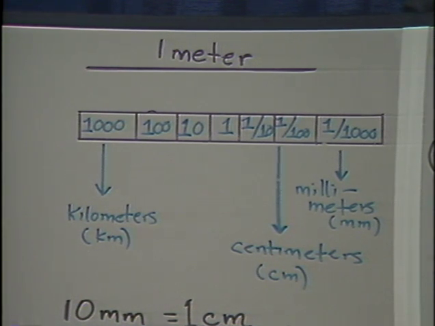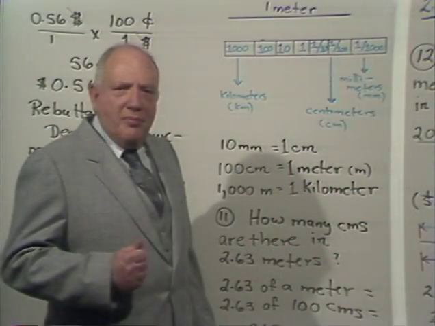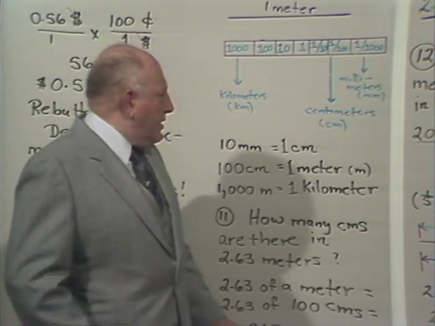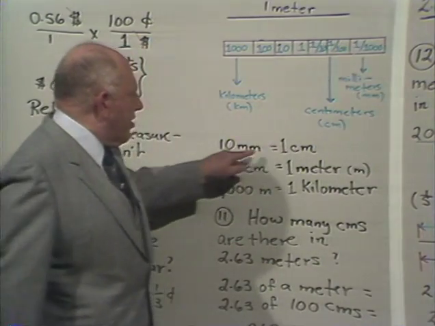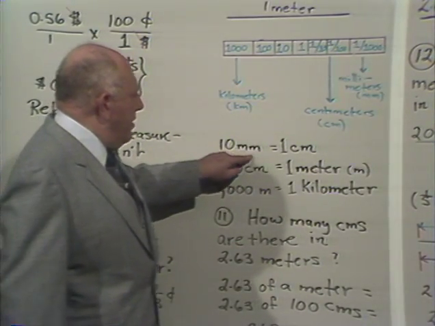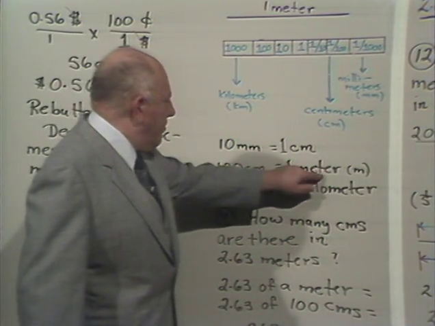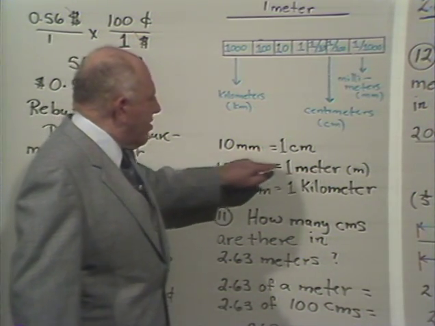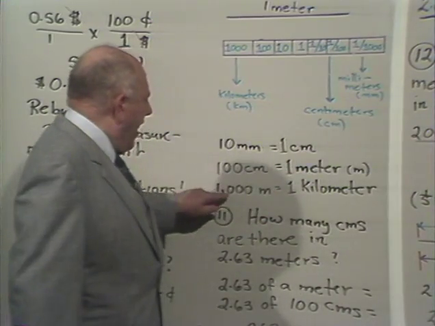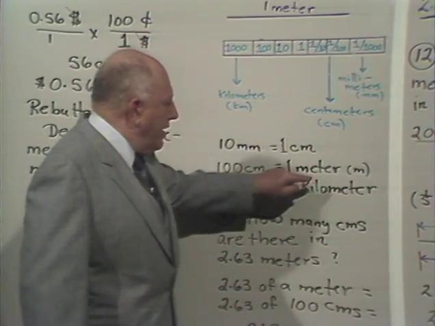Just like there was once a coin that was 1/10 of a cent called a mill, that could have been called a millibuck, a millidollar. But the important point is, watch how this system works. You see, 10 millimeters makes 1 centimeter. 100 centimeters makes 1 meter, just like 100 cents makes $1. And 1,000 meters makes 1 kilometer.